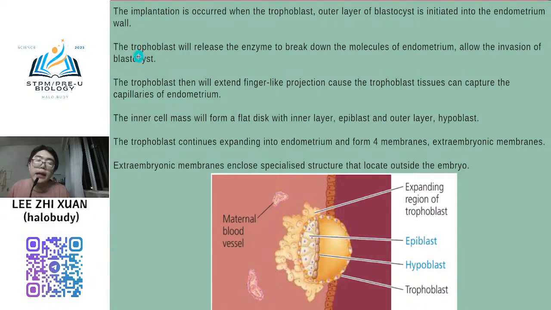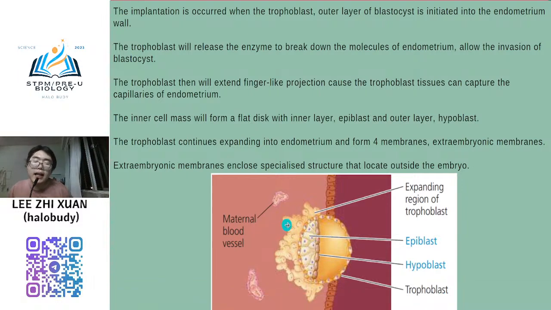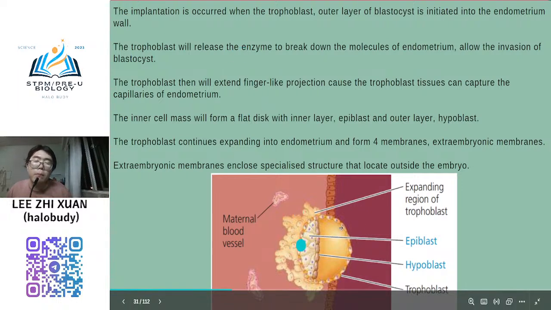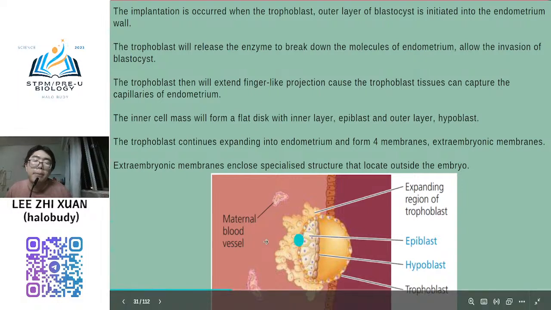The trophoblast will release enzymes to break down the wall molecules of the endometrium wall, allowing the invasion of the blastocyst. If you want one cell to penetrate into another cell, you need to secrete enzymes to break down the wall first, so that the blastocyst can penetrate into it.